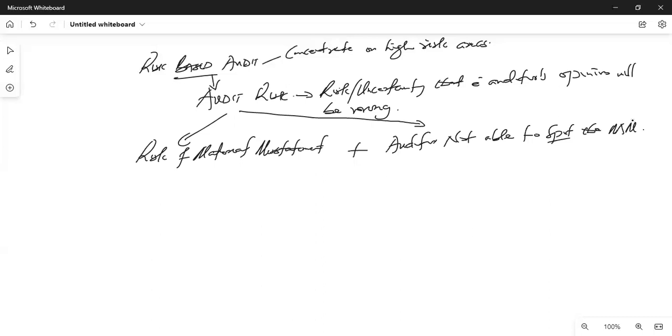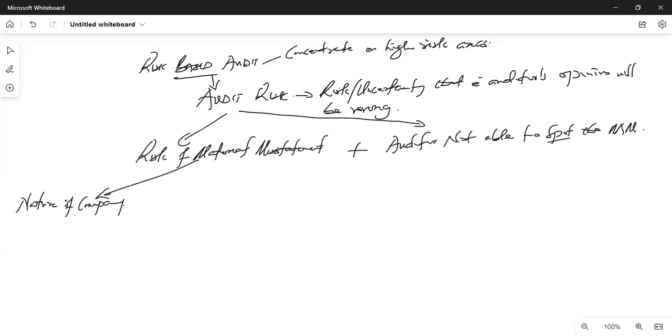Now, this risk of material misstatement can be split into two, okay? Number one, the company made a mistake because of the nature of the company, because things happen like that in that industry. In plenty of companies it happens like that.